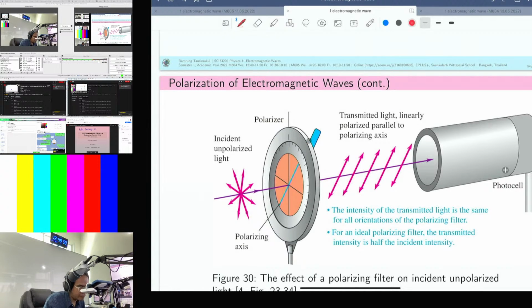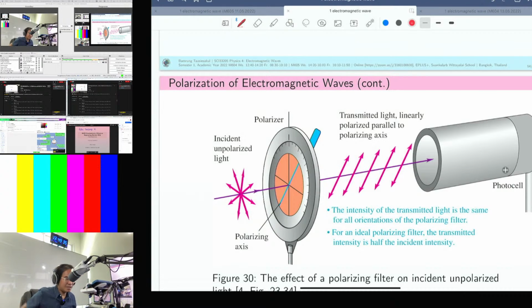For example, if you move the polarizing axis in this way, only the light that has a polarizing axis corresponding to this line will be able to transmit through this filter, and this light will be collected by the measurement device. The transmitted light is linearly polarized parallel to the polarizing axis.